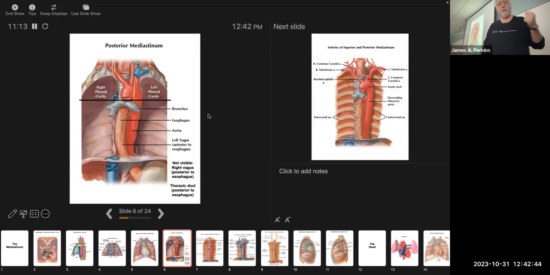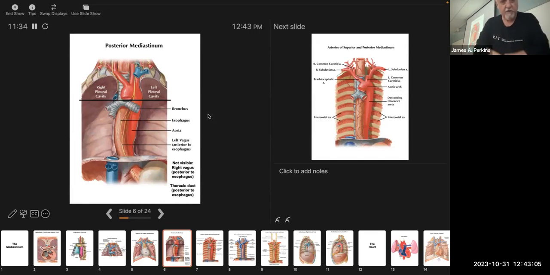So in your dissection on Thursday, you'll move the esophagus out of the way and look way back in the posterior mediastinum, right on the vertebral bodies of the thoracic vertebrae. Hopefully you'll find this tiny, thin little duct back there, which would be the thoracic duct.